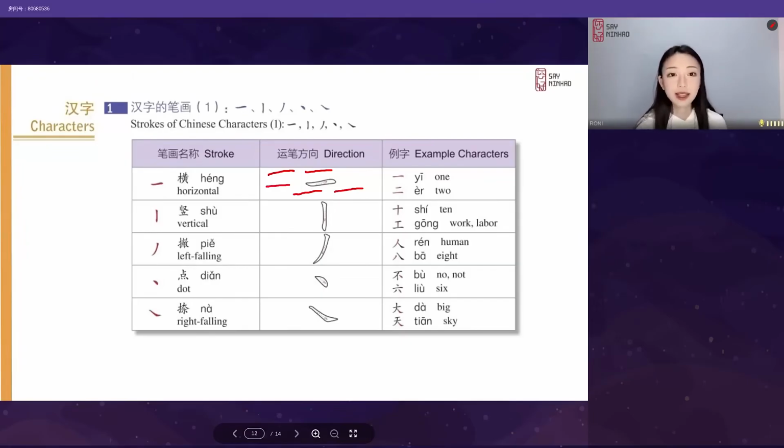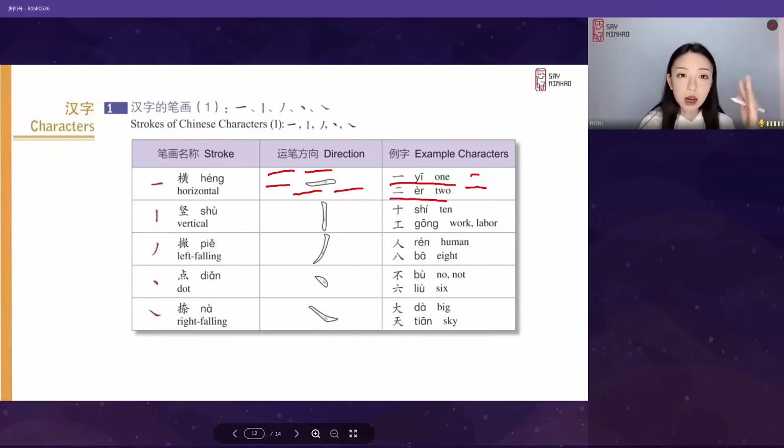This stroke is really easy. Now let's see example characters for it. First one is just one horizontal and its pronunciation is yī. It means one in Chinese. And next one, we can see there are two horizontals and one is shorter, one is longer.